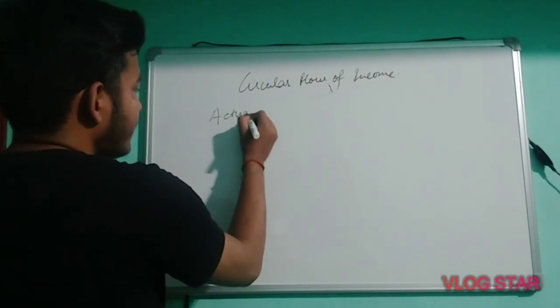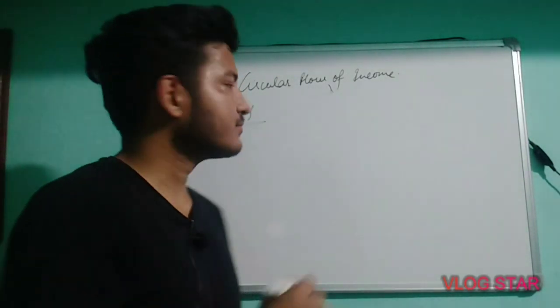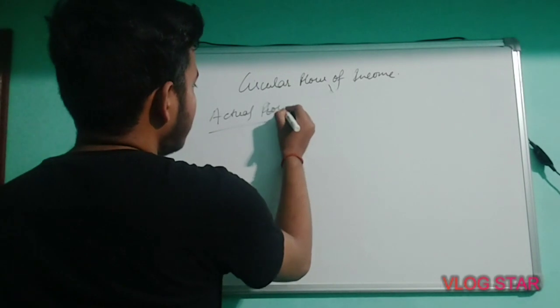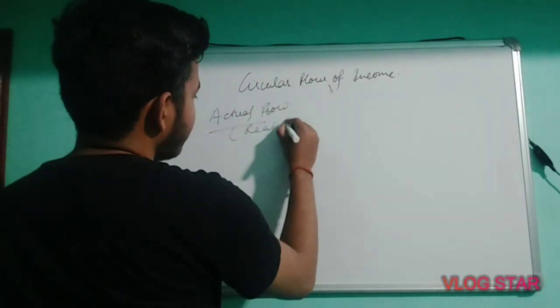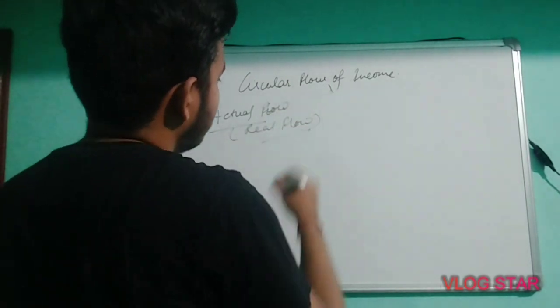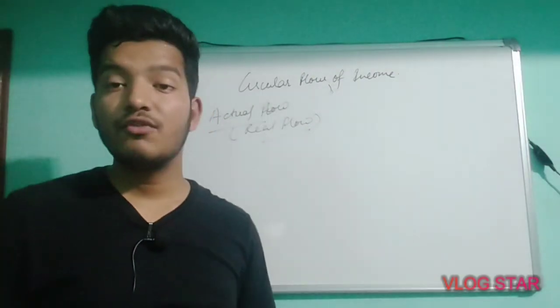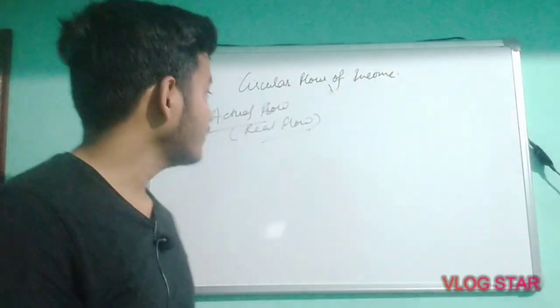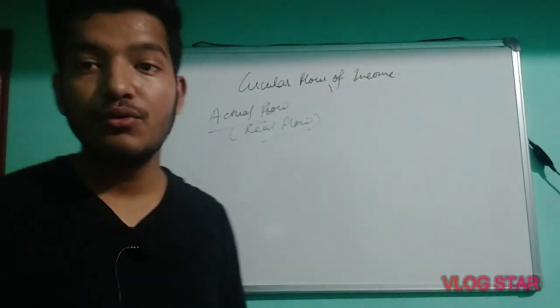And after this we will discuss the real flow, that is, the actual flow. By saying real flow or actual flow we mean that there will be no involvement of money.